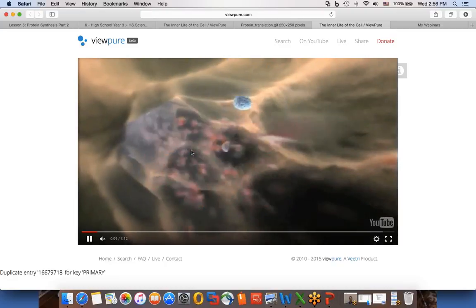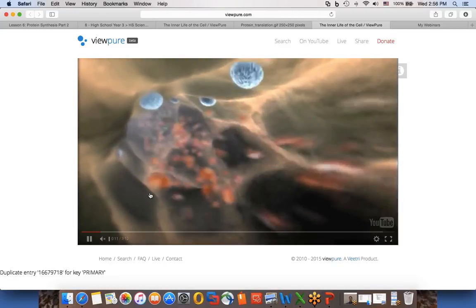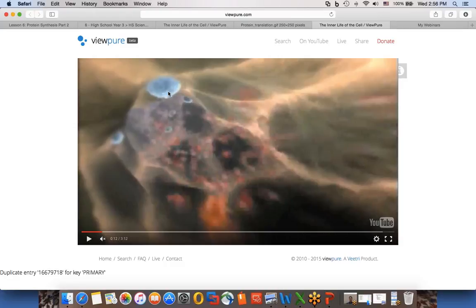So here we have the blood, the bloodstream, the red blood cells, and this would be a blood vessel. What are these bigger ones? What do you think, Emily? Any guesses? Those are white blood cells. That's right.